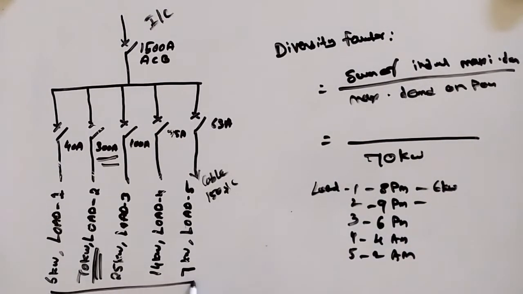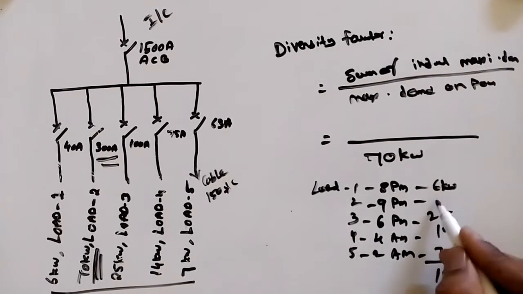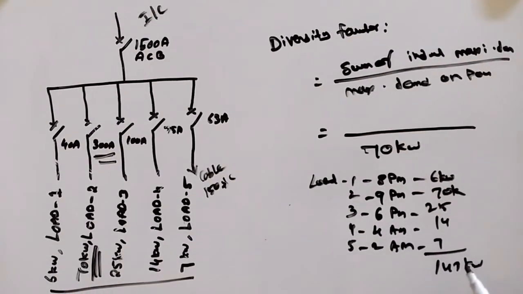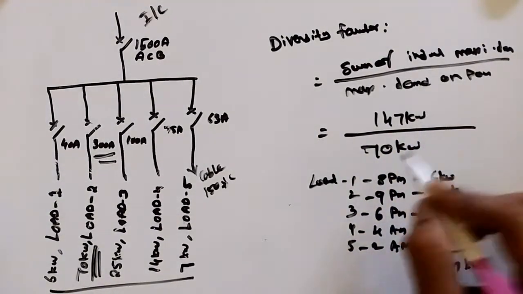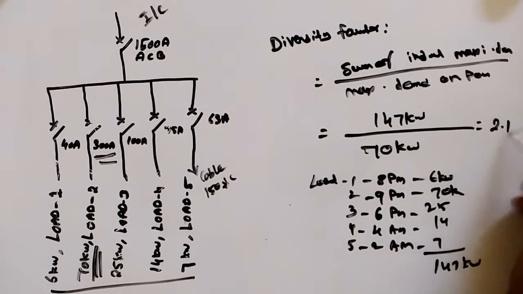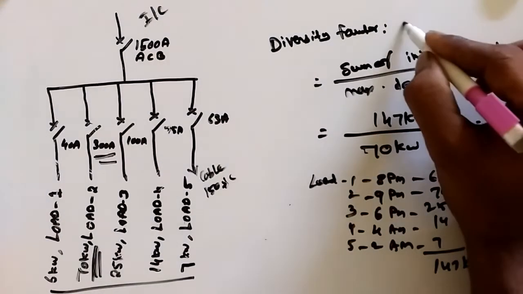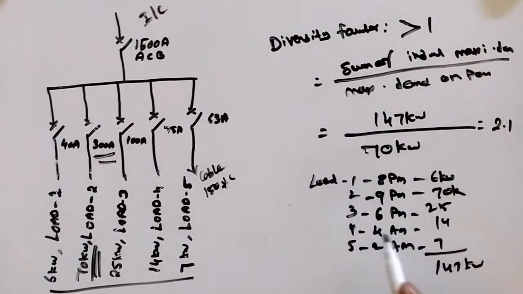Already we calculated 147: 7, 14, 25, 70 kilowatts. So take this 147 here and divide it. This will come to something like 2.1. The diversity factor is always greater than 1.